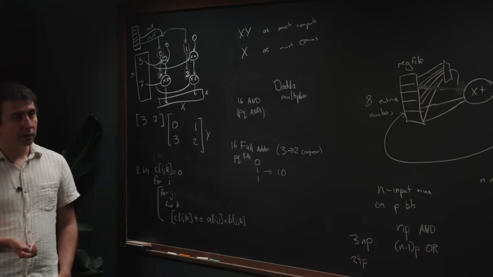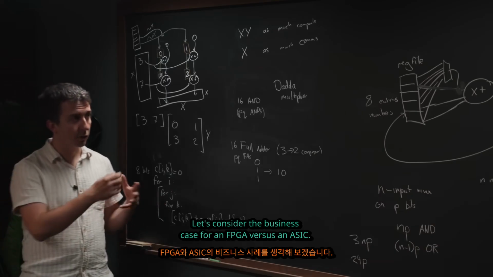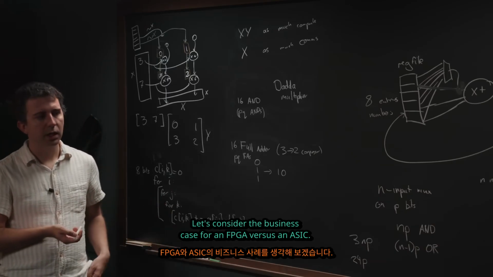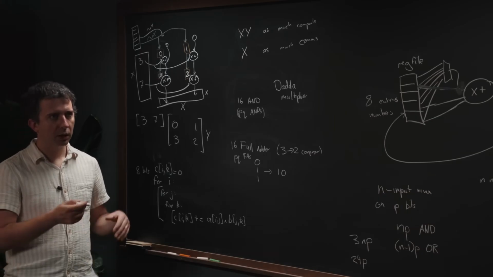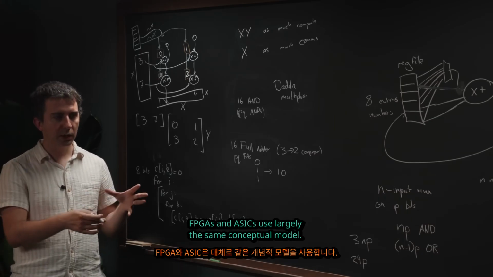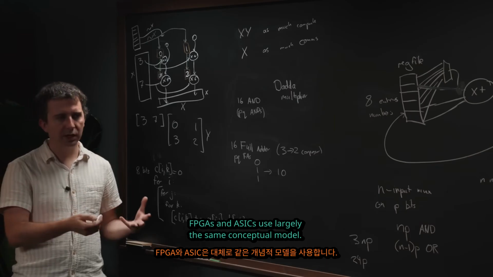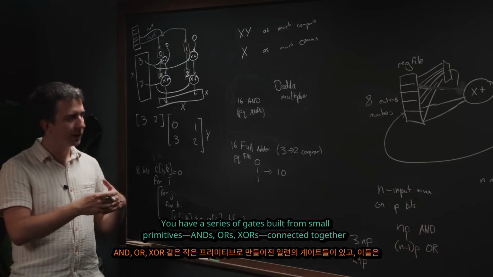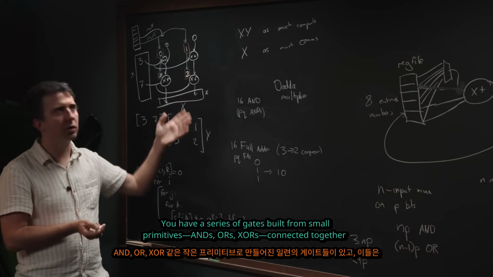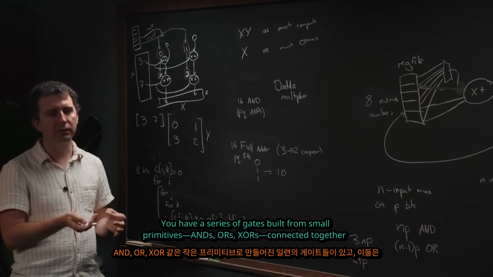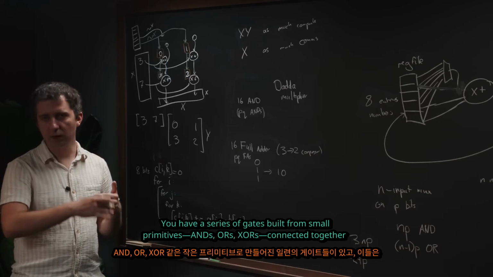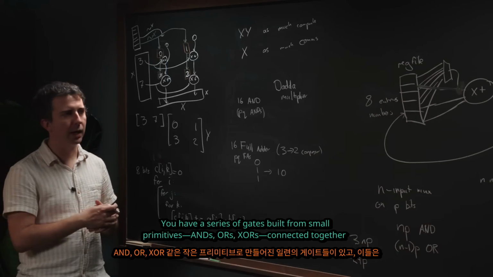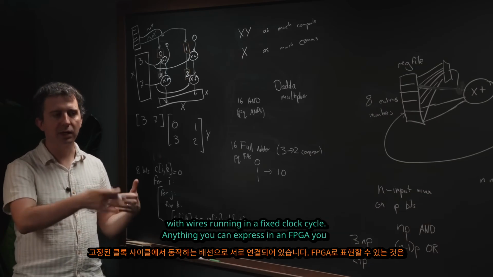Yeah. So firstly, let's consider the business case for an FPGA versus an ASIC. FPGAs and ASICs use largely the same conceptual model, which is that I have a series of gates built from ANDs, ORs, XORs, those very small primitives, connected together with wires running in a fixed clock cycle.